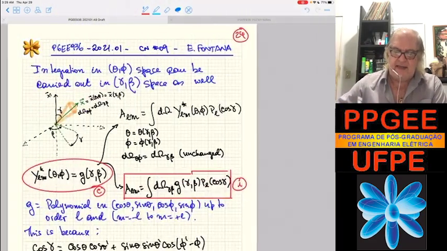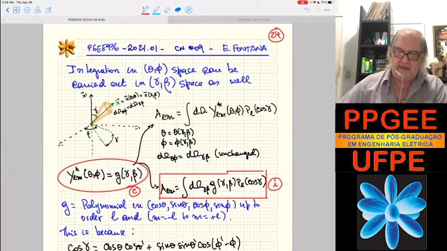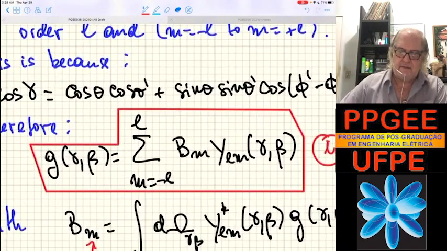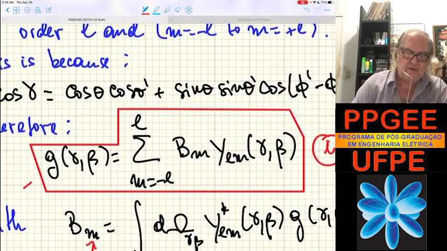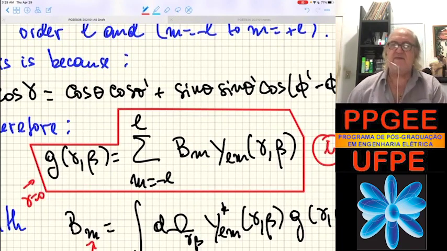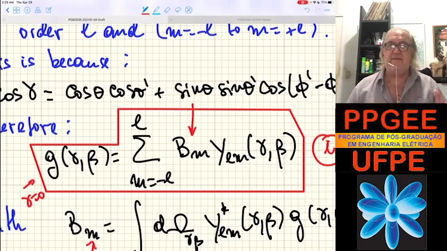So if you go back again to the expansion, let's make now gamma equals 0 on both sides of the expression, because you see, I have B0, I don't have BM. So I'm going to make gamma equals 0. So I'm going to have YLM of gamma equals 0, beta.